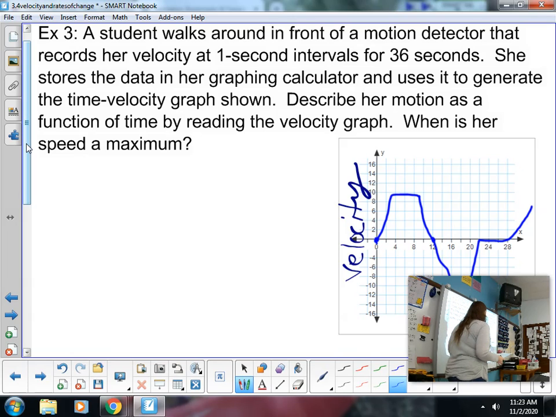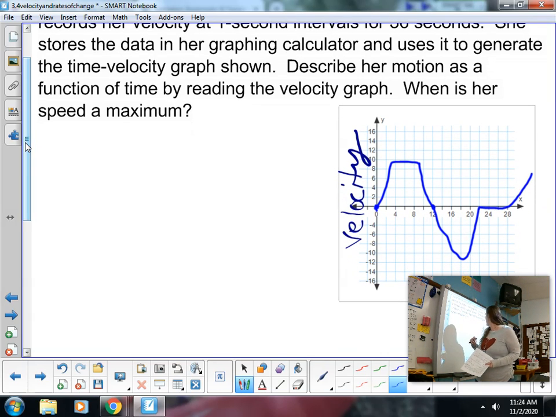So she's speeding up, and then she's moving at this consistent 10 velocity, and then she's still moving towards the right, but she's going to be slowing down and going slower. When she hits 12, that's where she starts moving in an opposite direction. So she's going to be going back then. And then she's going to be reaching her breaking point here.